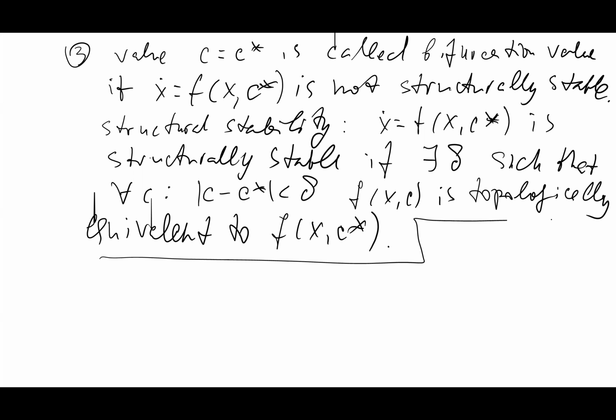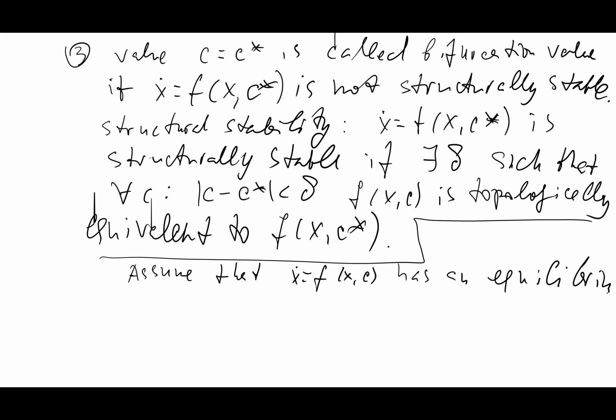Okay, and to make easier all other statements and analysis of different bifurcations, we will make the following transformation. We will assume that x dot equal to f of x, c has an equilibrium at x, c equal to 0, 0.